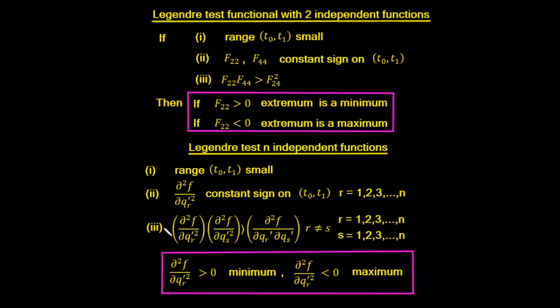I'm not going to read this out, you can see it for yourself. We're assuming that r doesn't equal s, and that r and s range from 1, 2, 3 up to some value of n. Then if partial squared f by partial q r derivative squared is greater than 0, we're going to have a minimum, and if it is less than 0, we're going to have a maximum. So this is the alternative for the n independent variables.